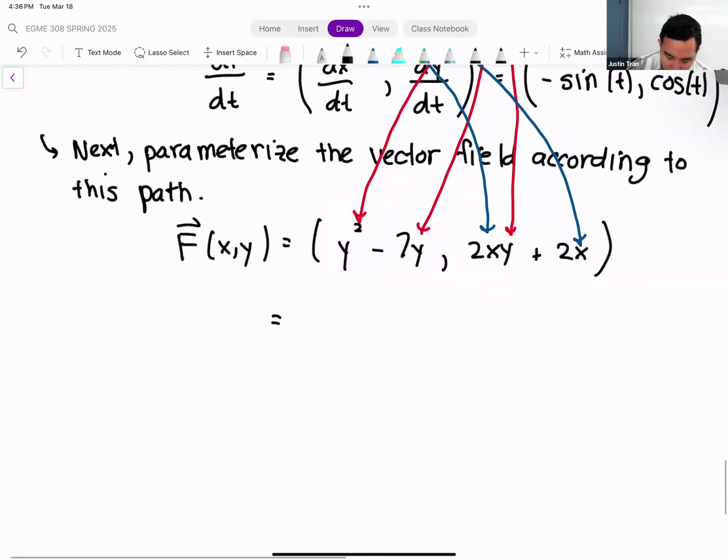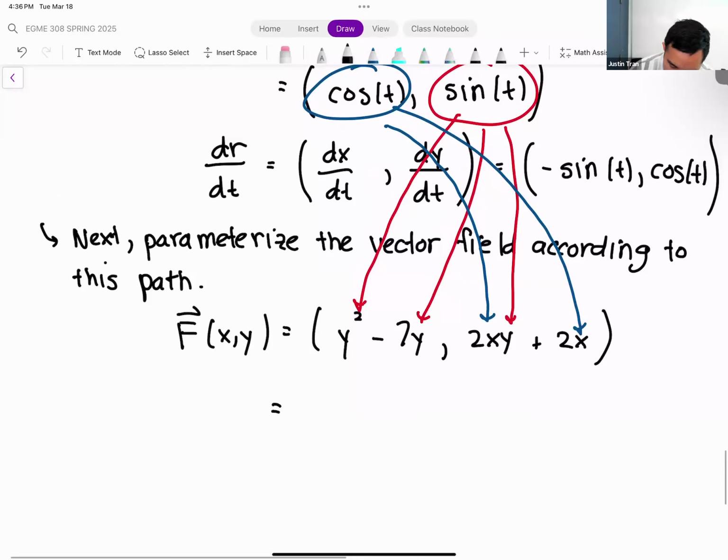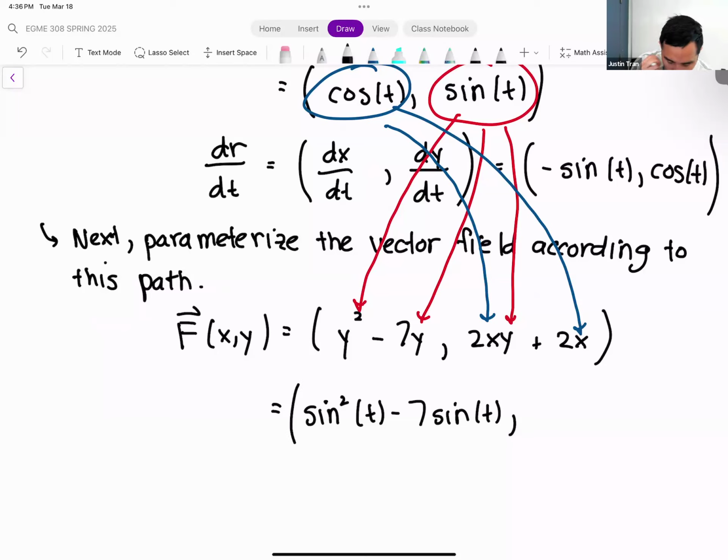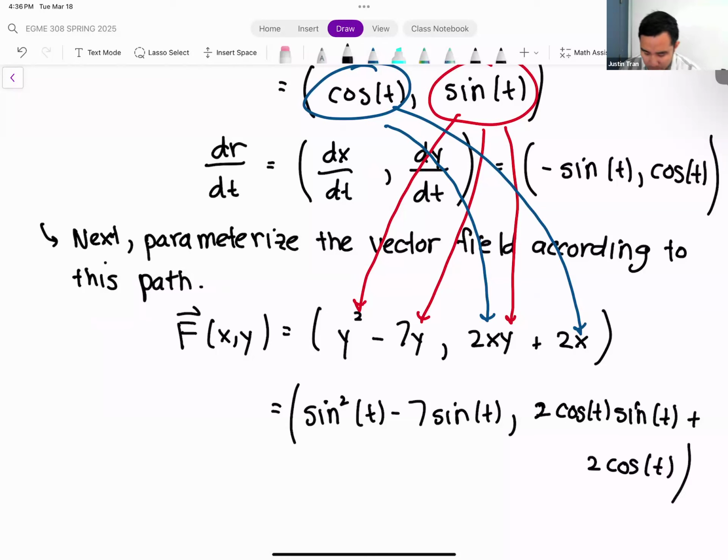So we plug all that in, and we get y squared, which is sine squared of t, minus 7 sine of t, comma, 2xy, so that's 2 cosine t sine t, plus 2 cosine of t.